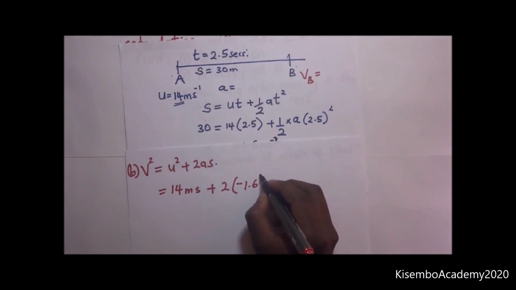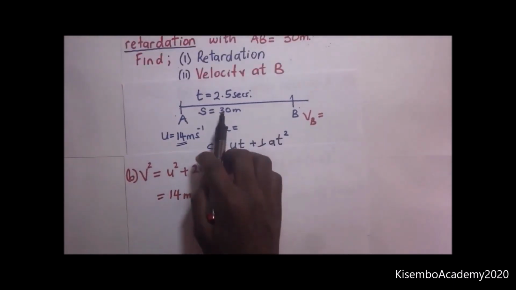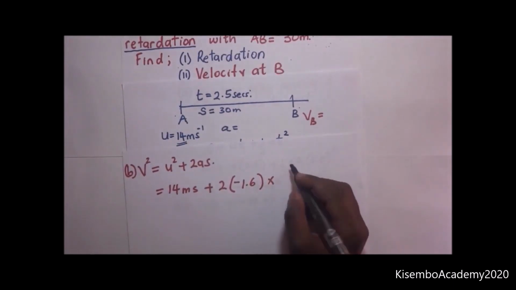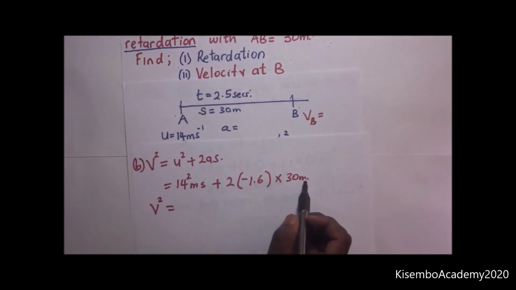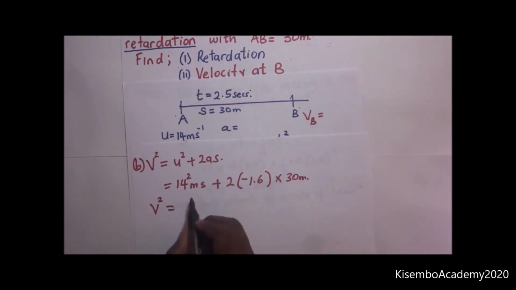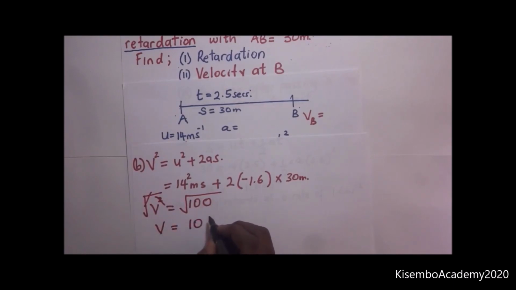Negative 1.6, 2 times acceleration times S. Our value of S, which is the distance, is 30 meters. So it's 14 squared plus 2 times that times 30 meters. So definitely when you get this, you'll end up with 100. When you find the square root on both sides, you'll end up with your velocity as 10. So our velocity here is 10 meters per second.